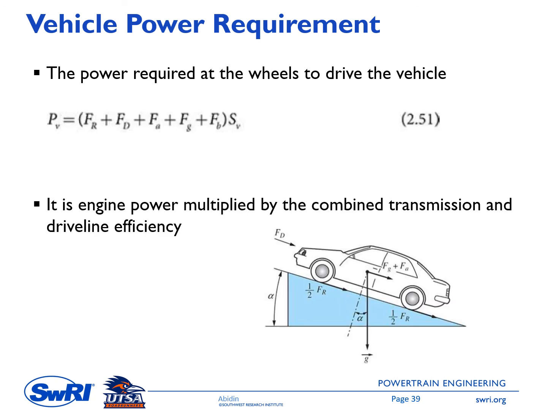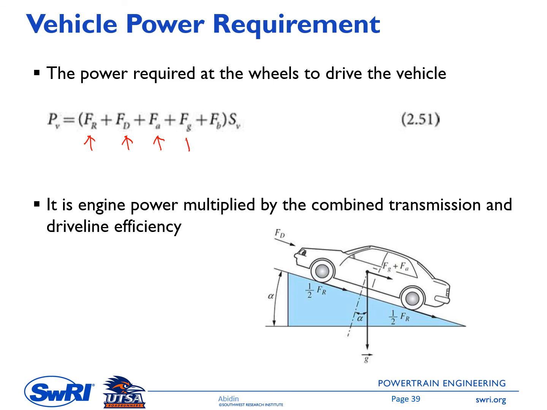So the power required at the wheels to drive the vehicle is formulated by equation 2.51. In this case, we need to overcome the friction force. This is the aerodynamic drag force, and this is for accelerating the car.